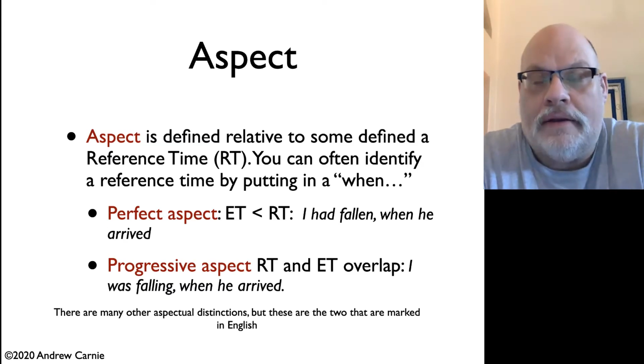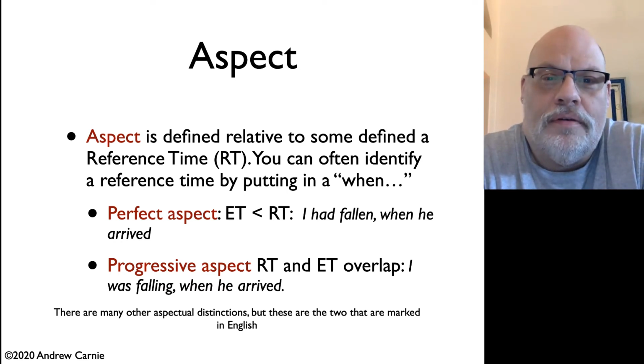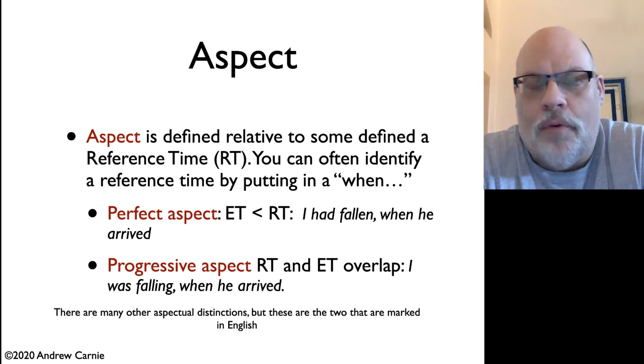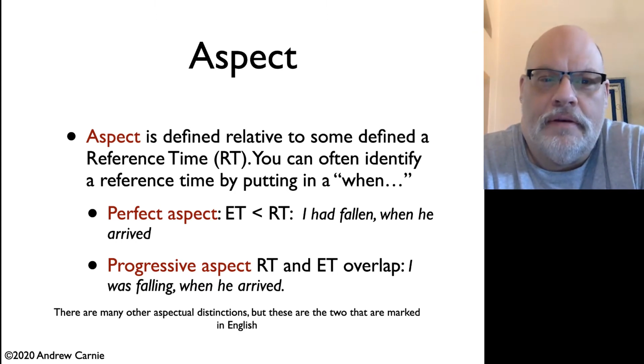Now, aspect is often confused with tense. And part of the problem has to do with the way in which we talk about aspectual marking. Aspect is about the time of an event relative to some reference point that we identify as speakers. We call this reference point the reference time.